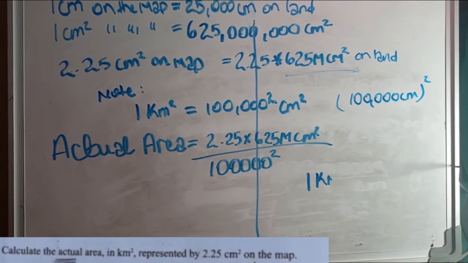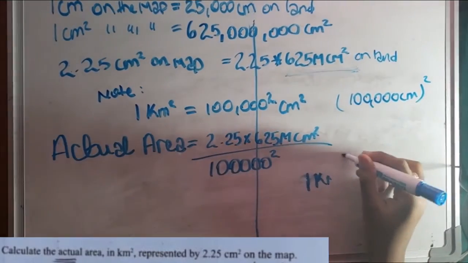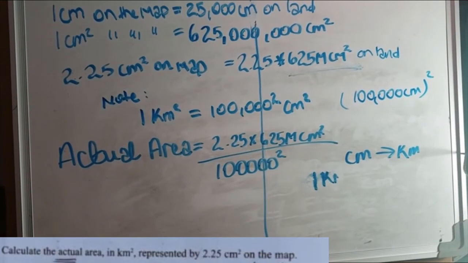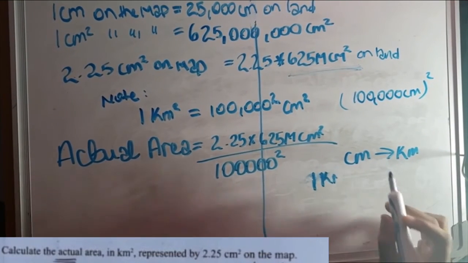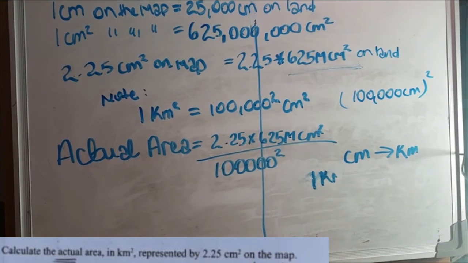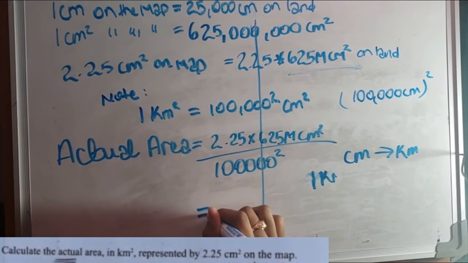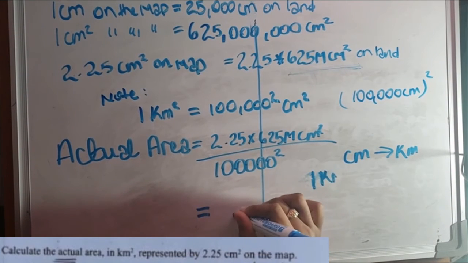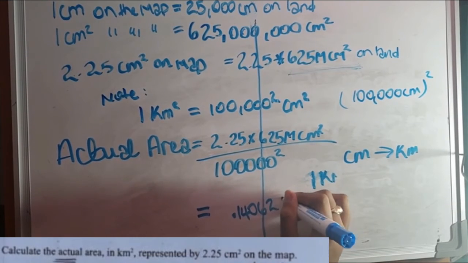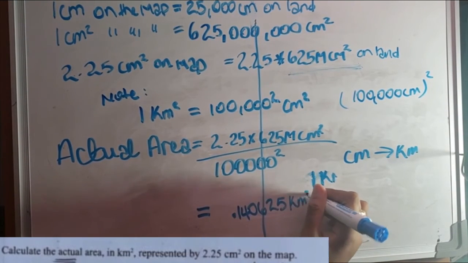And when we're going from centimeters to kilometers, we're going from small to large, right? So when we're going from small to large, we're just going to divide by 100,000 squared. The final answer is going to be 0.14065 km squared.